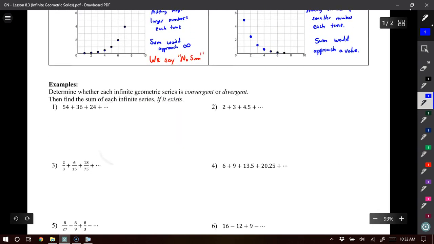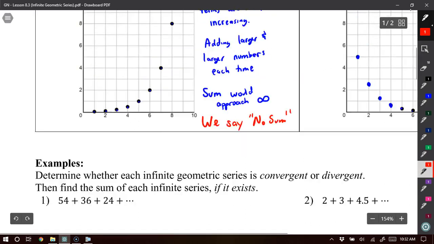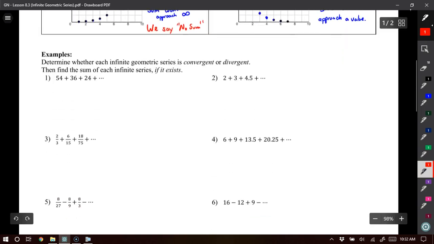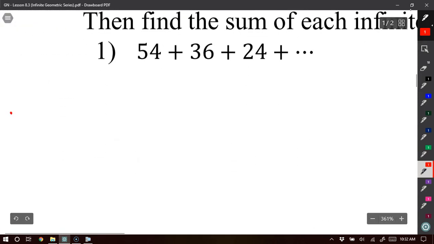So if we look at these examples right here, we have this infinite geometric series. We're told it's a geometric series, which means I probably want to find R first, because the value of R tells me whether it's divergent or convergent. So if I want to find my common ratio, what we can do is take the second term and divide by the first term.